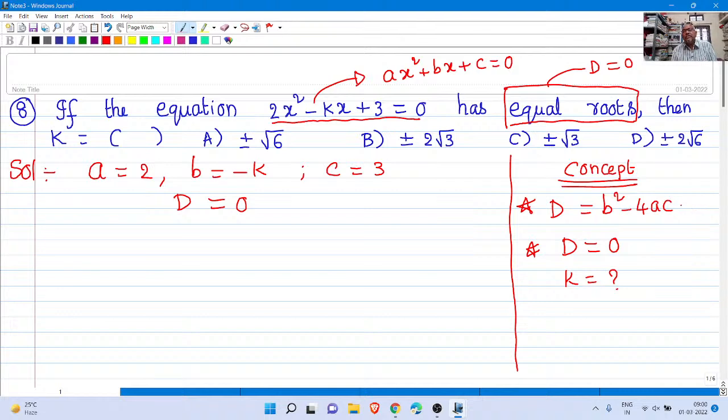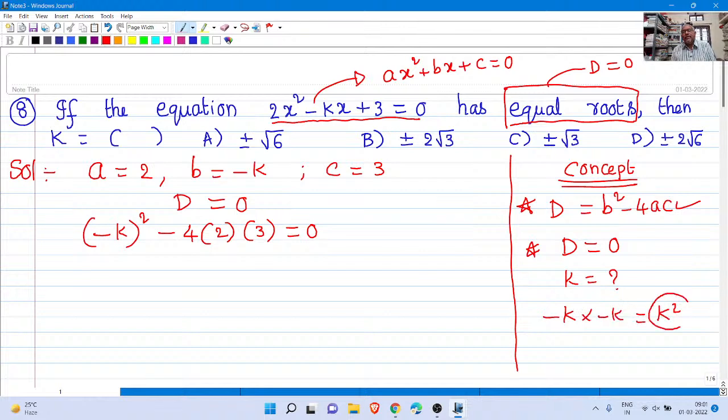What is D? b square minus 4ac. So minus k whole square minus 4 times 2 times 3 equals 0. Let us simplify. Minus k into minus k is k square only. So k square minus 24 equals 0.